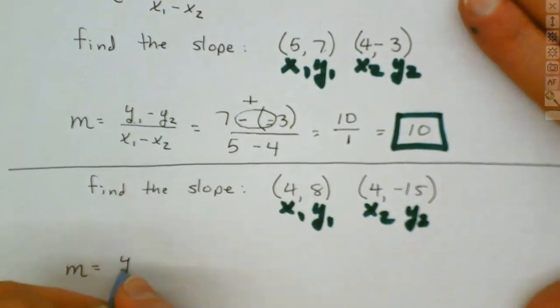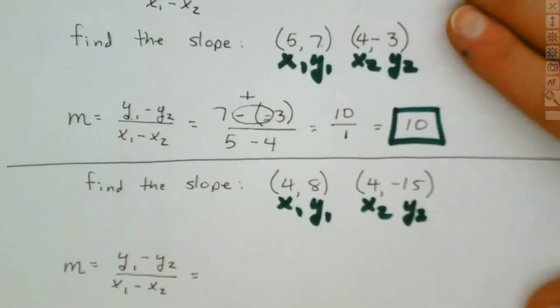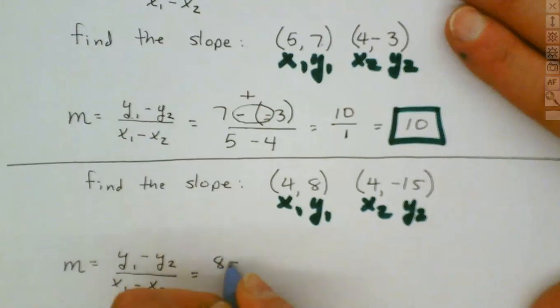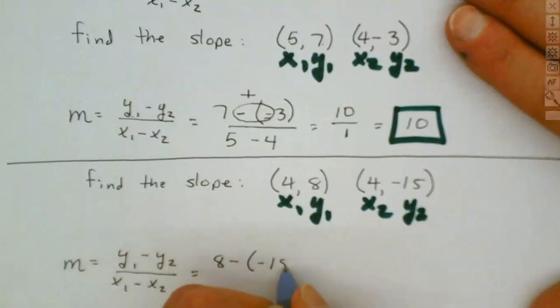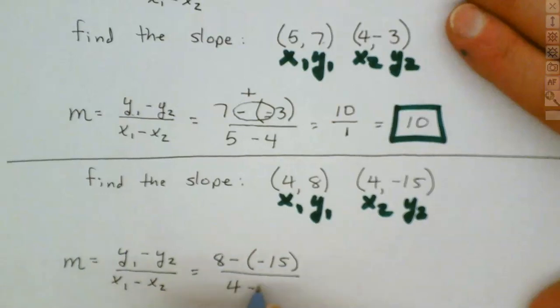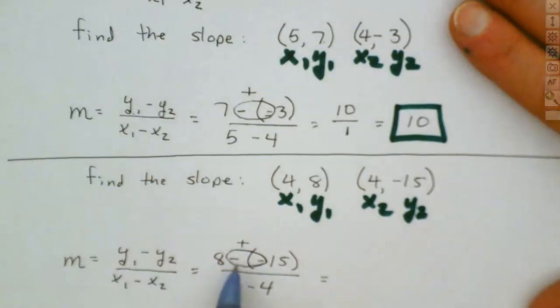M equals y1 minus y2 over x1 minus x2. And then we just fill them in. Again, watch for double negatives. So that is 8 minus a -15 over 4 minus 4. Double negative makes that positive. 8 and 15 is a 23. 4 minus 4 is 0.